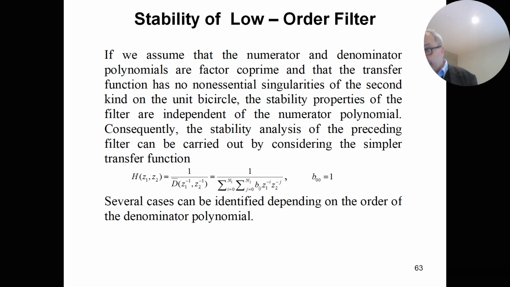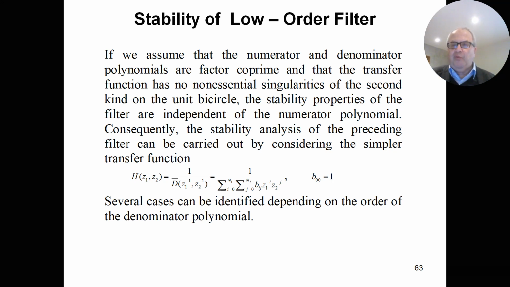Very important is to have tests for low-order filters, to check the stability for low-order filters. Why is this very important? Because when you want to design a two-dimensional filter, for example, you solve an optimization problem and you approximate the ideal two-dimensional filter with a product of one-dimensional filters.